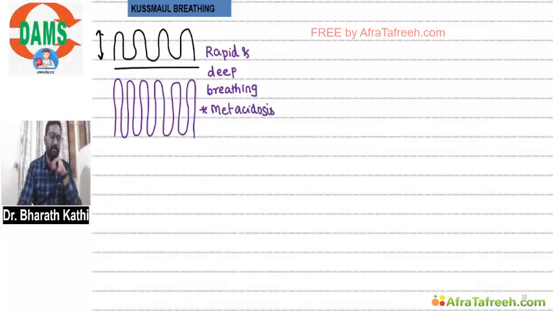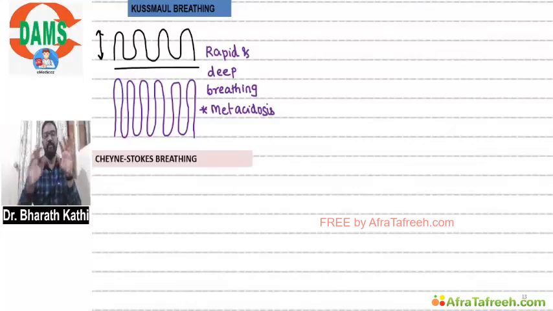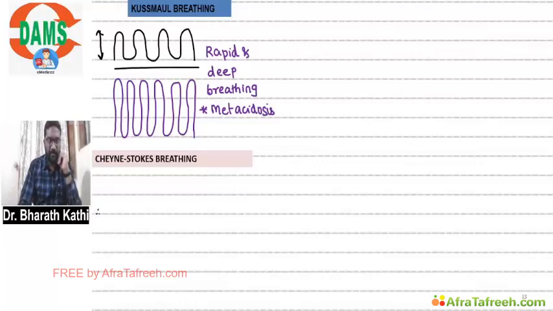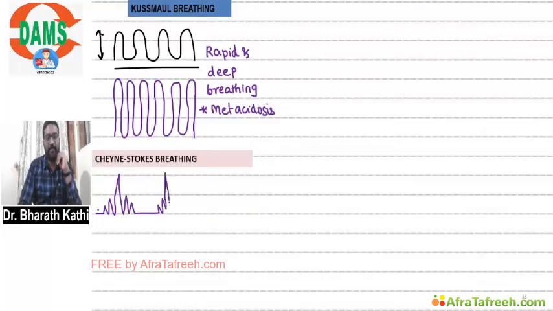And any DNB students here, this was asked in last year's OSCE. So they have given a pattern like this. So there was waxing and waning with apnea. So what is this?